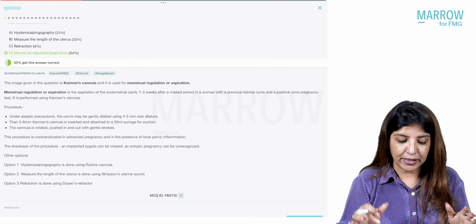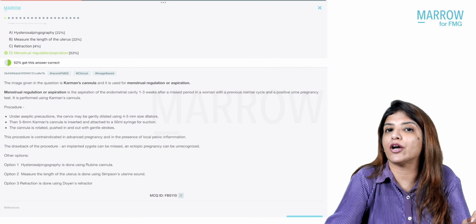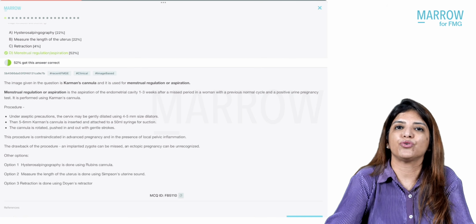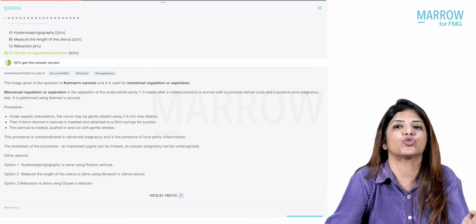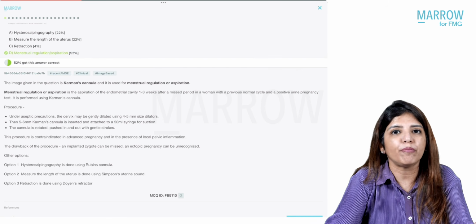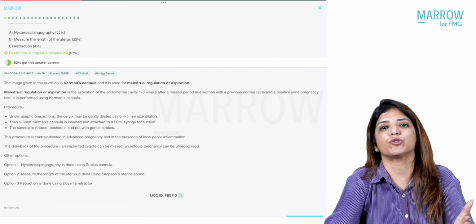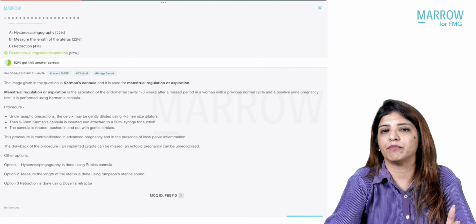Now, remember what size of Karman's cannula you are going to use. You are going to use that size of Karman's cannula which corresponds to the week of gestation. So for example, if your patient is 10 weeks pregnant, then you are going to use a number 10 Karman's cannula.